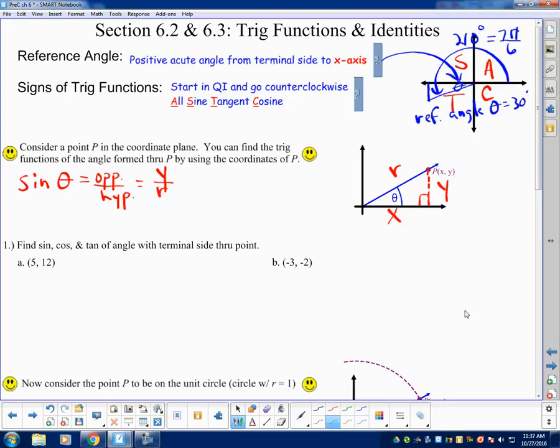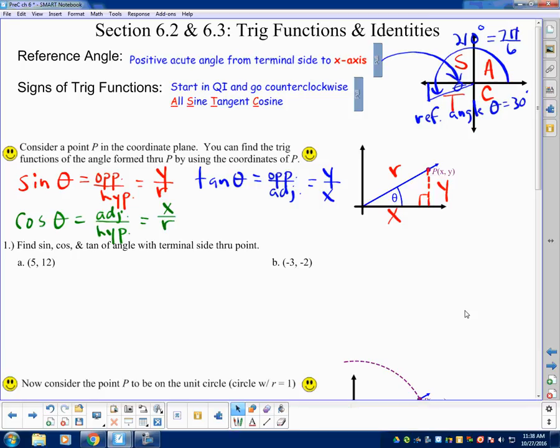So y is representing my opposite side from the angle theta, and r is my radius. Cosine of theta, which is equal to adjacent over hypotenuse, is equal to x over r. And tangent of theta, which is equal to opposite over adjacent, gives me y over x.